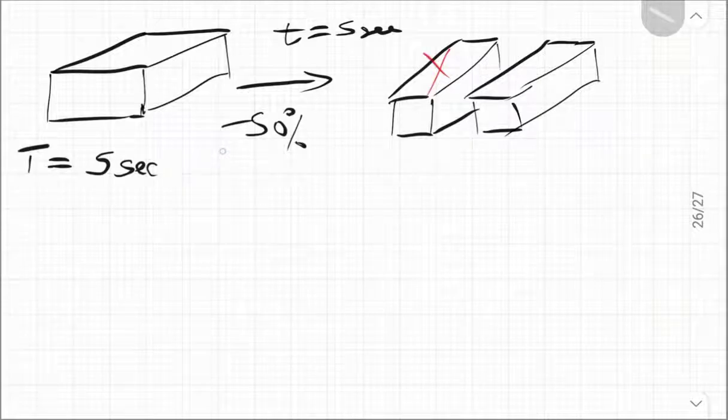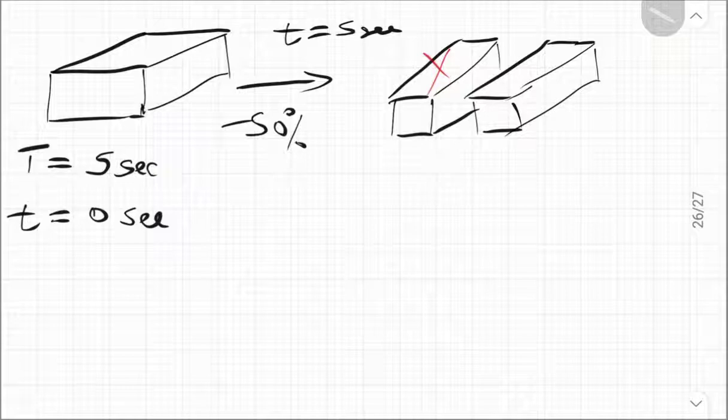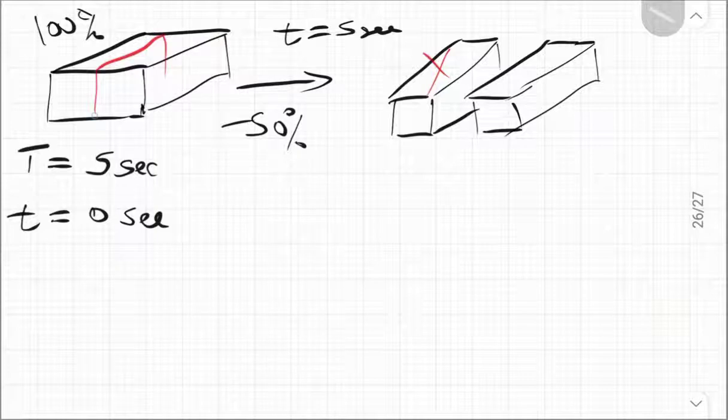So let's also assume that at time t equal to 0 seconds, we still have 100% of the block, and let's assume that at this time t equal to 0, we have this supernatural power to pause time and zoom in to see a particular section of this block, right?